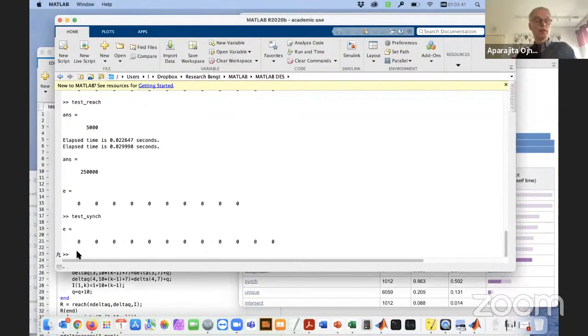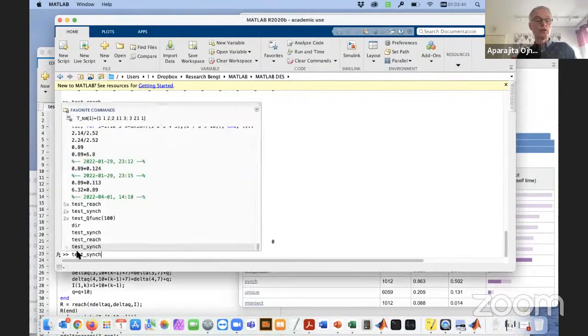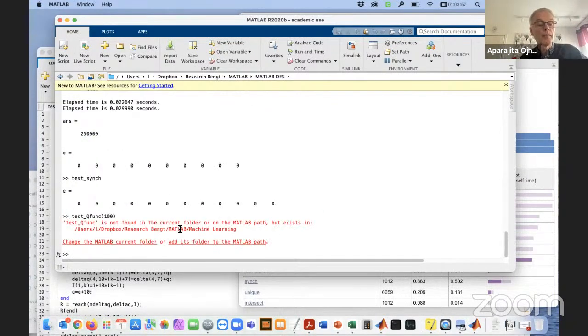And then also for the Q function, I have a test for that, but I would say that this element here, it's a number of iterations in the Q function, and okay, that I have in another directory.